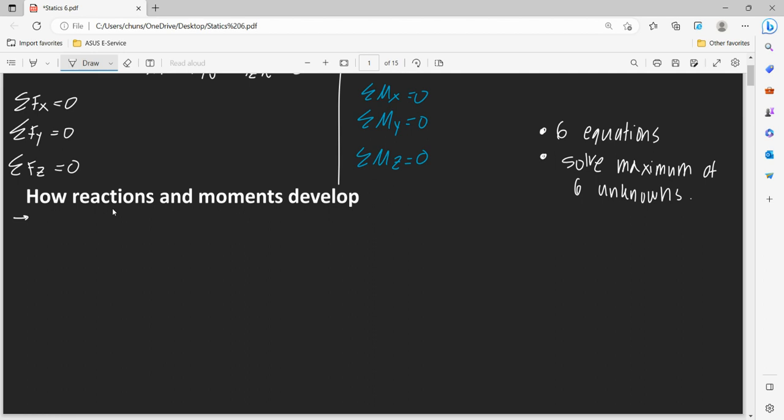So reactions develop from restrictions in movement, and specifically translation.